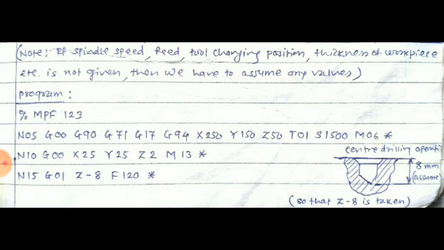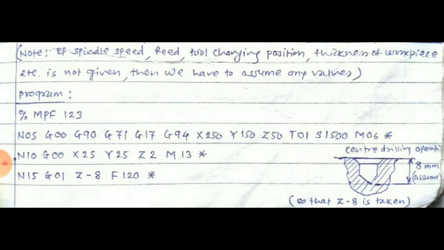Then X250, Y150 and Z50 is the tool change position, given in the first block. T01 is tool number 1, for the center drilling operation. For that operation, the spindle speed selected is 1500 rpm, and M06 is for the tool change.